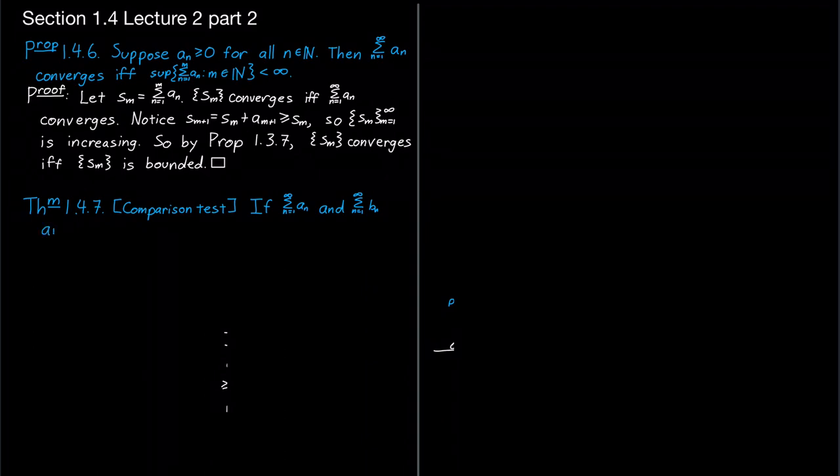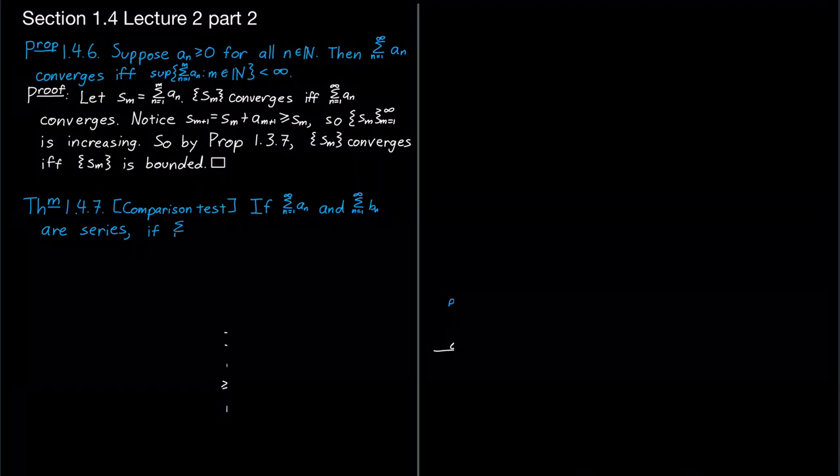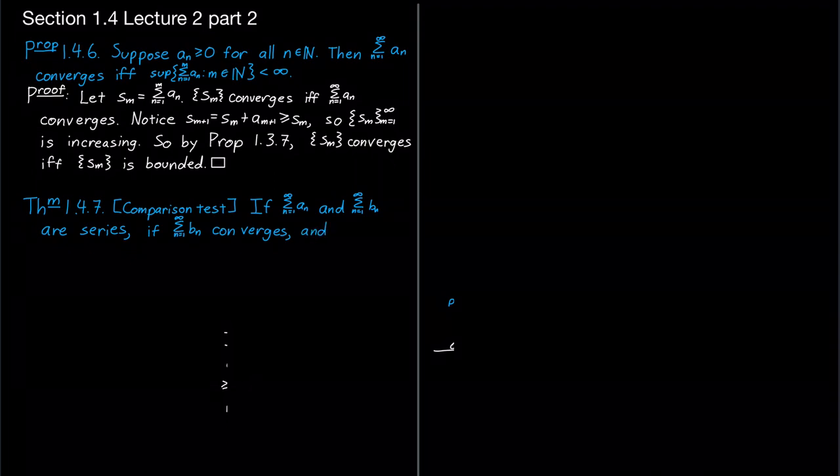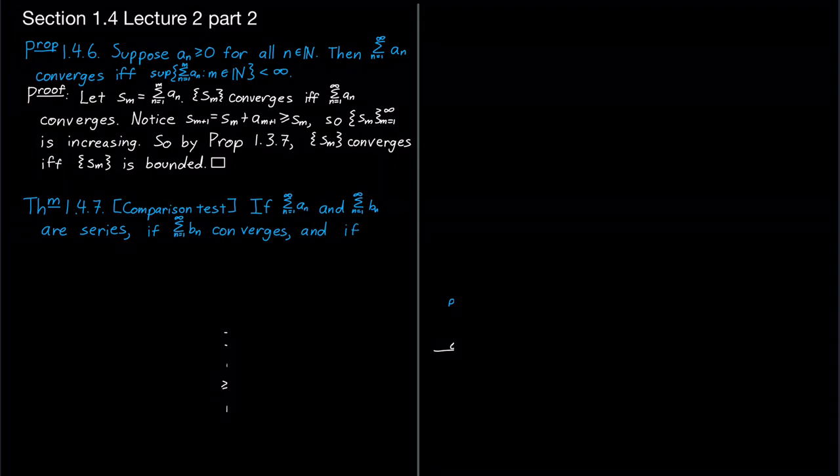If these things are both series, and if your second series, if the b_n converge, and finally, if the absolute value of a_n is less than or equal to b_n, and let's say that doesn't have to be true for all n's, but it's true eventually.